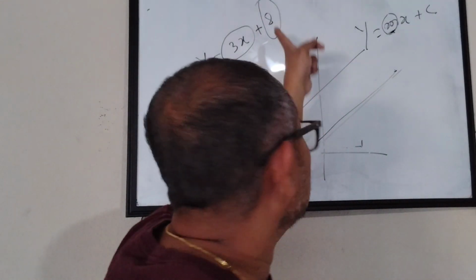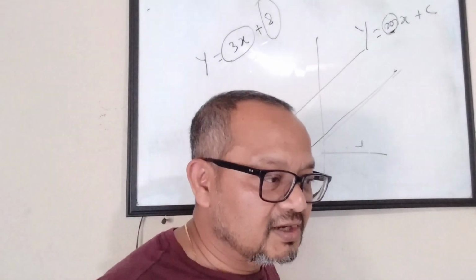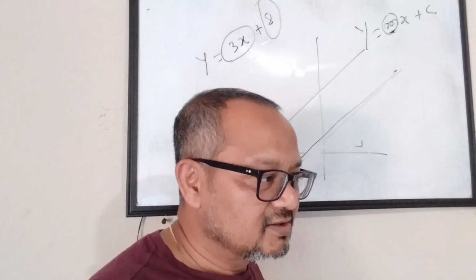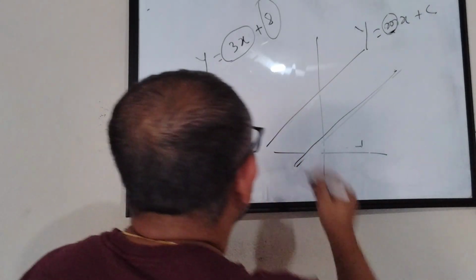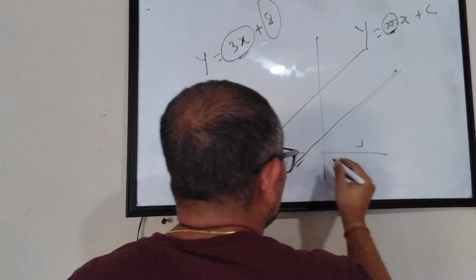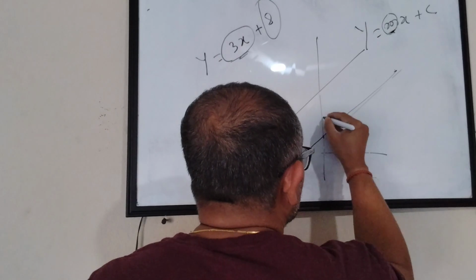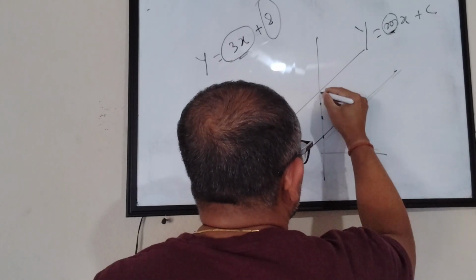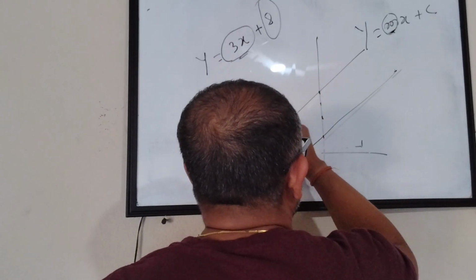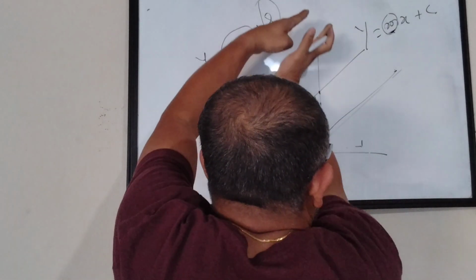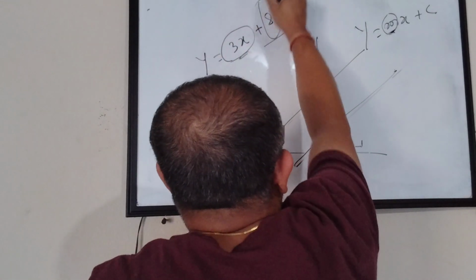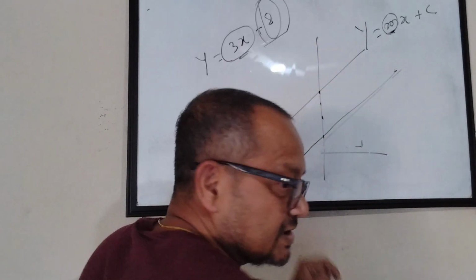Why? This is nothing but your intercept on the y-axis. Meaning, when the value of x is 0, where this line is touching. So you are moving this line along the y-axis just by changing this one and making sure that the slope doesn't get disrupted.